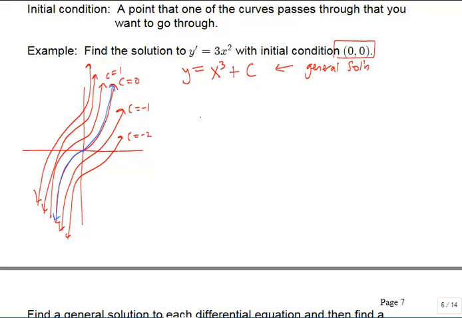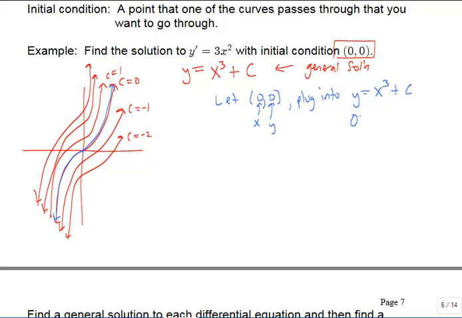And if you wanted to physically find that c, if you couldn't just tell from our graph, here we could, what you could do is let 0, 0 be your initial condition. So you're going to let x be 0 and y be 0, and plug them into that general solution.